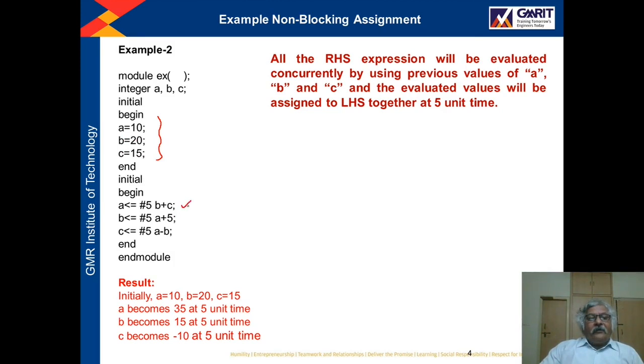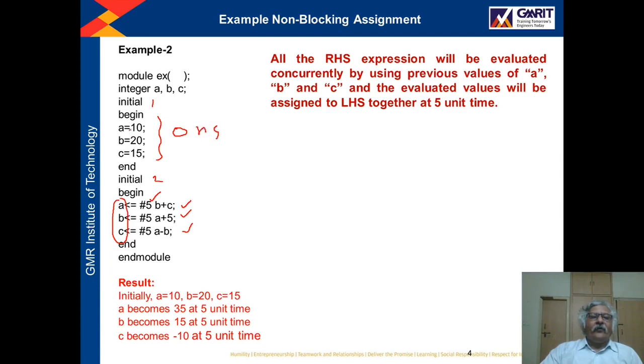And the blocking statements of initial block number 2 will also execute at 0 ns, but in initial block 2, the updation to A, B and C takes place only after 5 nanoseconds. But in initial block number 1, the updation will take place exactly at 0 ns, right?